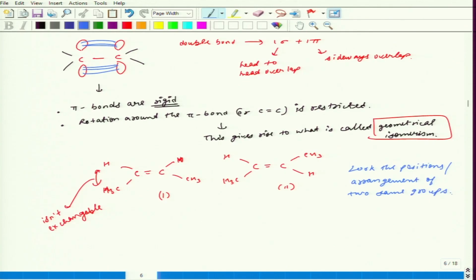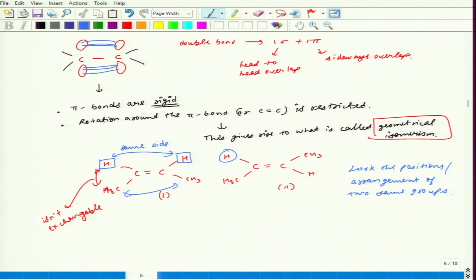For example, in this case we have hydrogens and we have methyl. So in the first case, let's take the two hydrogens. What are the two hydrogens? They are on the same side, and the same with the methyl groups.